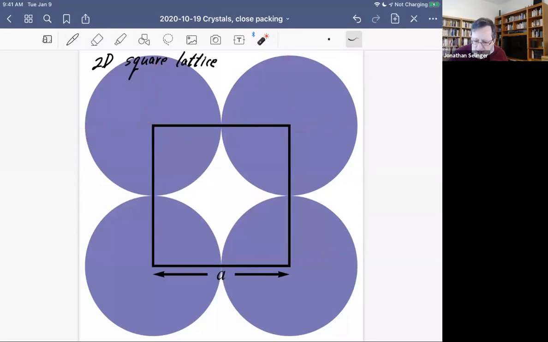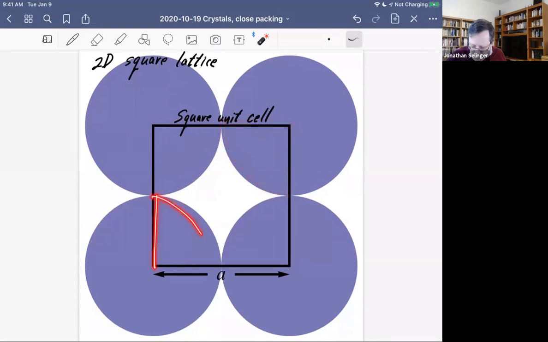Okay. So we can figure out the packing fraction by looking at a single unit cell. Okay, so this is a square unit cell. And that square contains 4 quarter atoms, right? Here's a quarter atom, like a quarter slice of pizza, right? And here's another quarter.